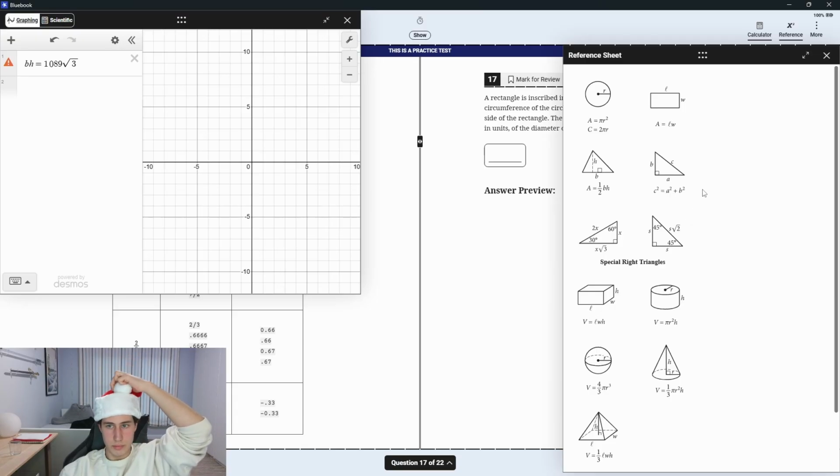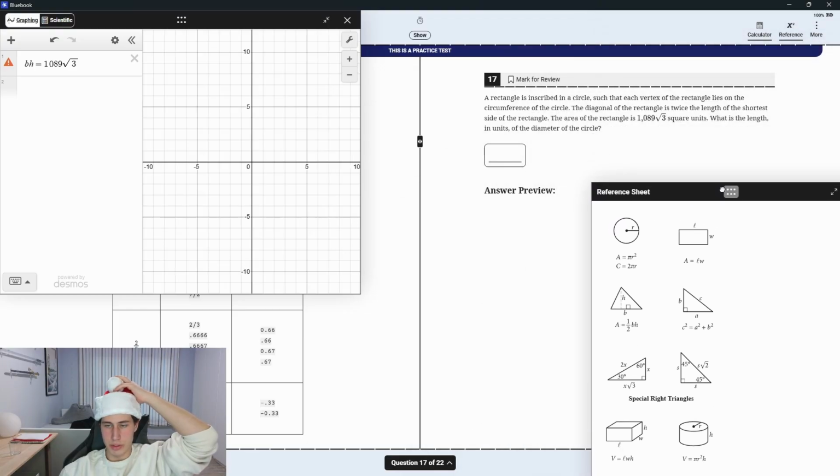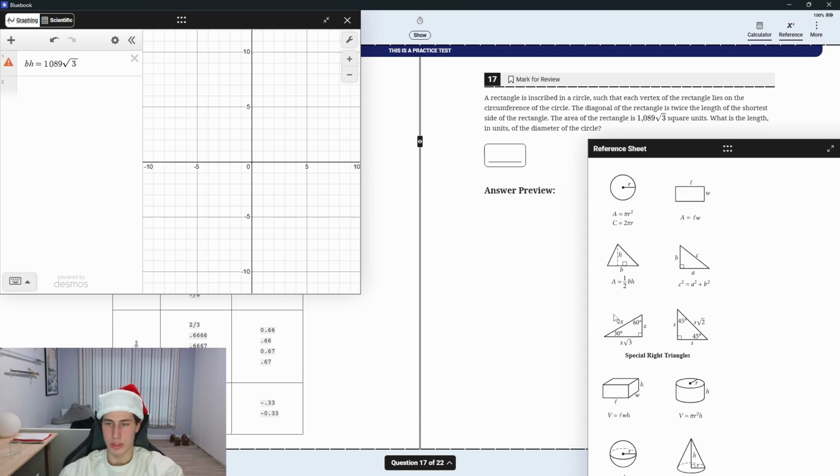But if you know here, this is actually a special right triangle in a way. So it's pretty much a 30, 60, 90 special right triangle, but just like if it was a rectangle.